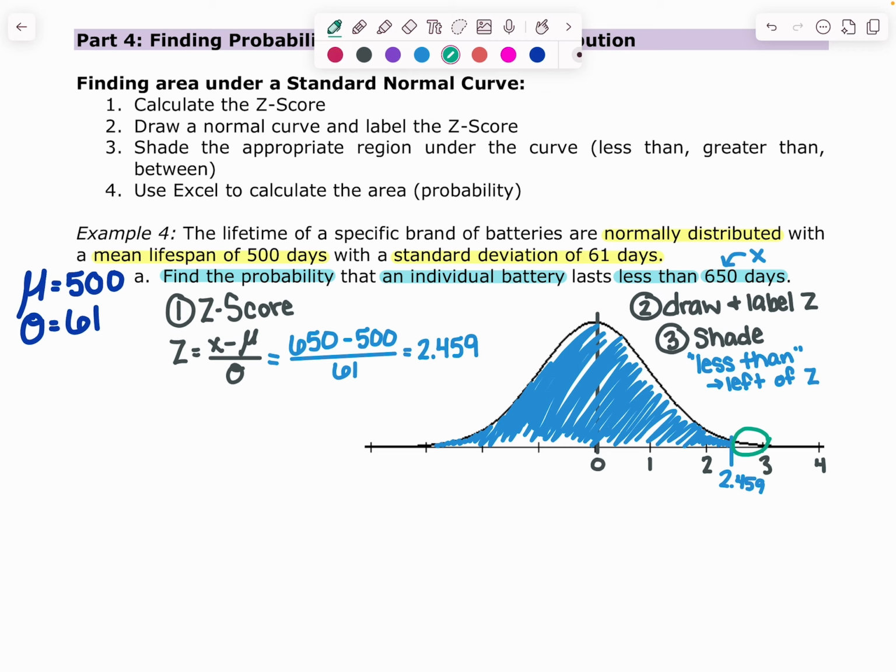That means my answer, my probability, should be pretty close to 1, but it shouldn't equal 1 because there is this little area over here that I didn't color in. And this helps me visualize the probability that I'm trying to calculate.